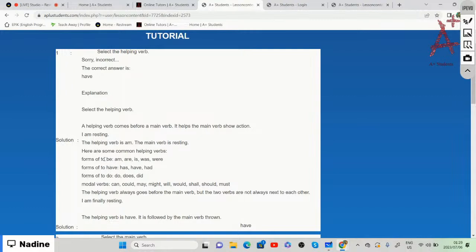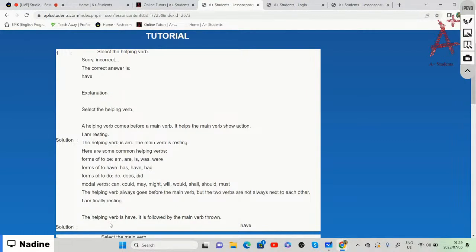And some of the common helping verbs are forms of to be, which is am, are, is, was, or were, or forms of to have, which is has, have, had, or forms of to do, which is do, does, or did, right?